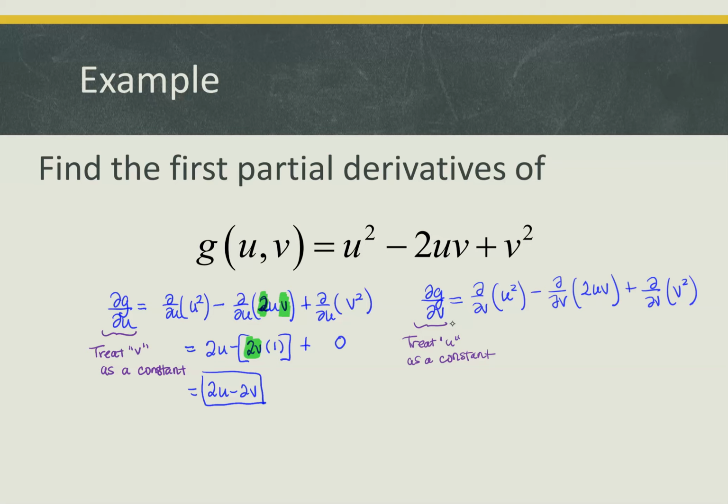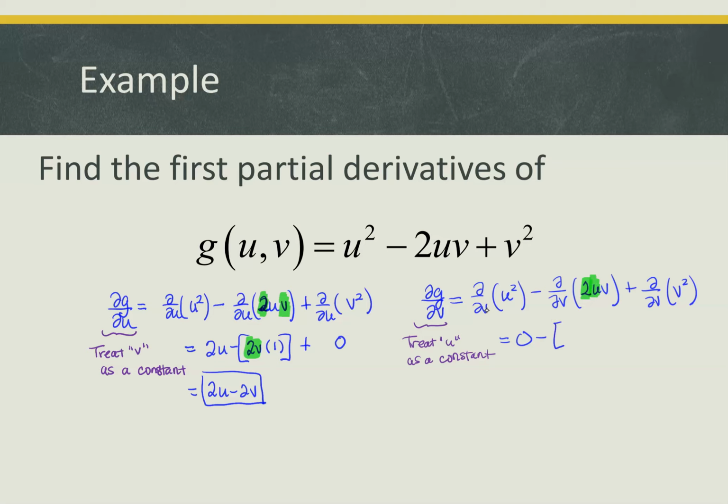Well, notice that in this first term, we're taking the partial derivative of u squared, but we're interested in the rate of change with respect to v, so that's going to be a 0 plus, or I'm sorry, minus. Now we're interested in the partial derivative with respect to v, so this 2 will be a constant, and so will this u.